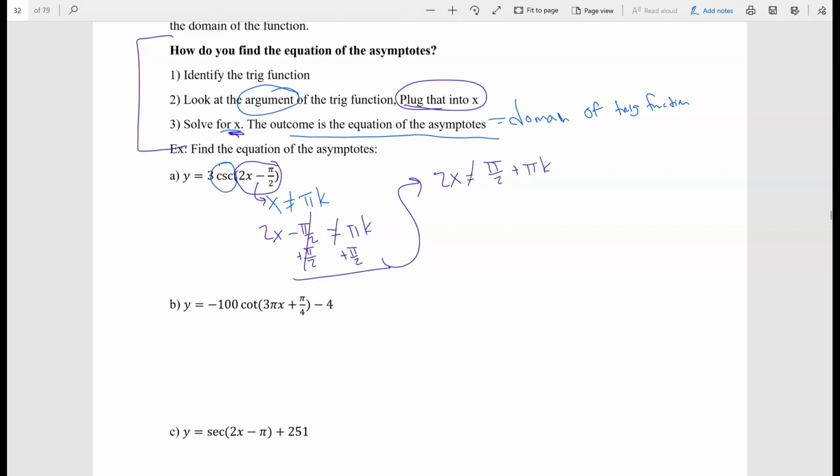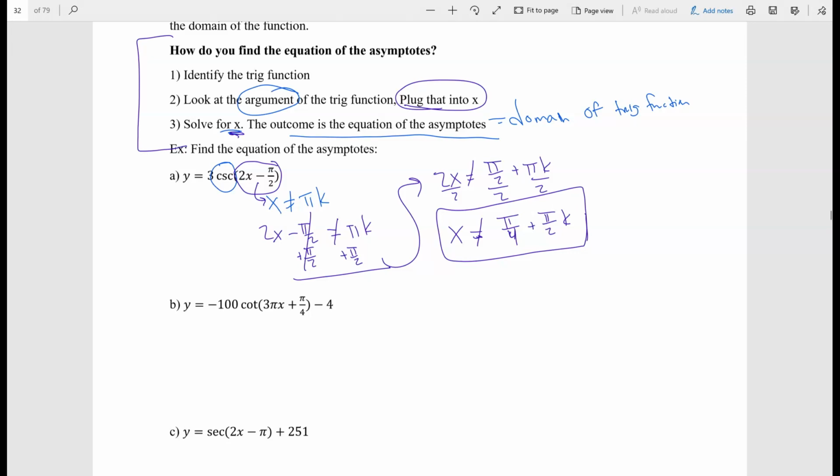So this is not equal to. And then we're just going to divide everything by a factor of 2. So x is not equal to pi over 4 plus pi over 2 k. So basically what this means is that you're going to get an asymptote at pi over 4. And then the next asymptote is going to be pi over 4 plus pi over 2.